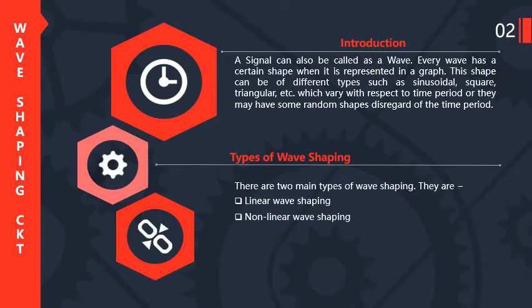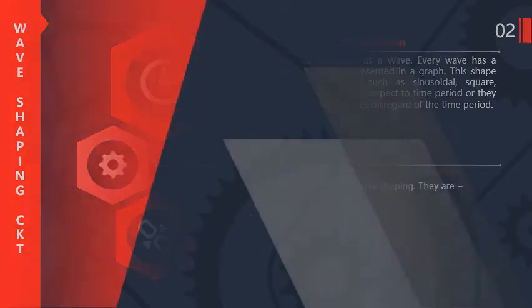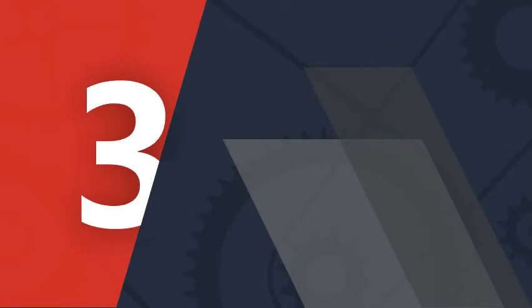Next is the type of wave shaping circuit. There are two main types of wave shaping circuit. First one is called linear wave shaping and second is called non-linear wave shaping. The next topic is linear wave shaping circuits.